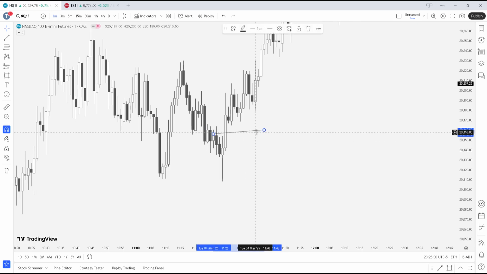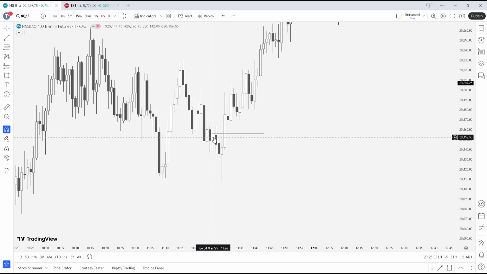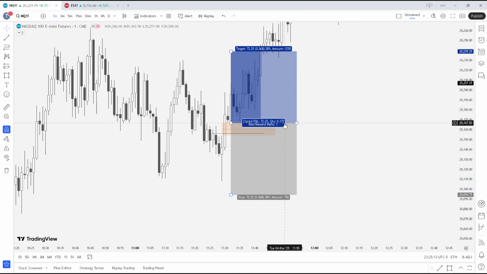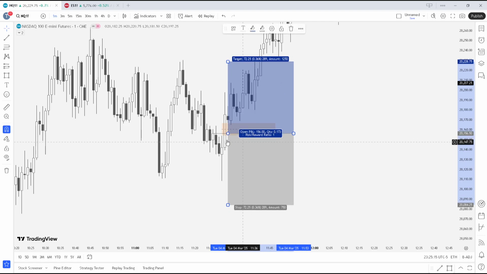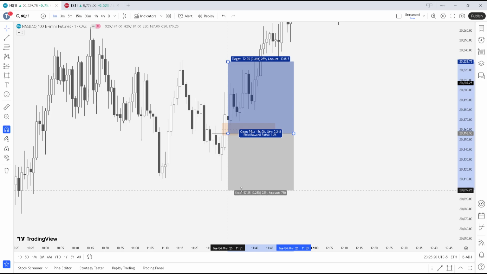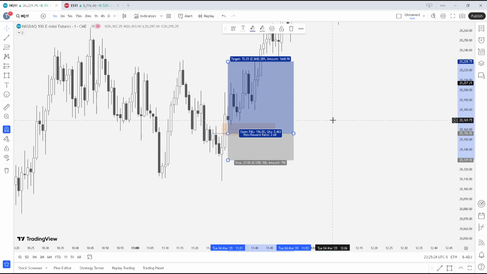So here, this one, okay, so this one would be your breaker. This one would be your fair value gap. And I mean, I guess you could have taken an entry off of this, but the actual unicorn setup, you would take an entry off of the breaker, or at least that's how I do it, because that's where both the breaker and the fair value gap are, right?